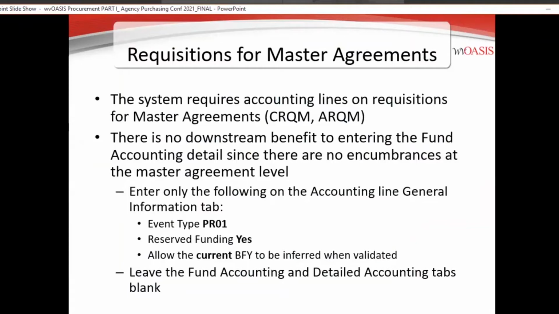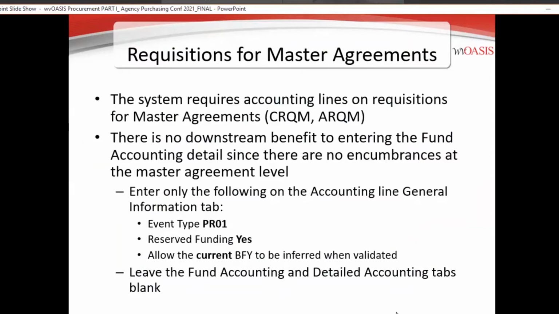So you can save yourself some headache and some time by not including all of that detailed accounting information on your requisitions for master agreements, because when you do enter that information, and this is odd, even though the master agreement itself, that document, does not contain an accounting section, you have that linkage to the requisition, and if you enter detailed information there, it will come back to haunt you down the road. We see it all the time.